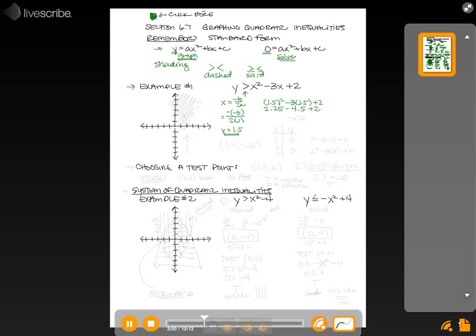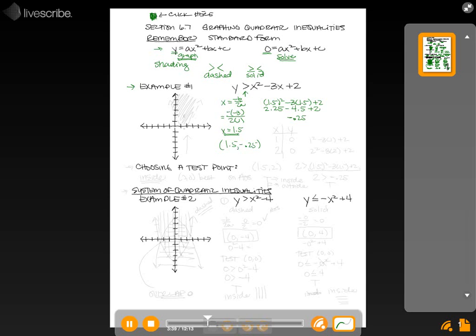We can put that in our calculator. So 2.25 minus 4.5 plus 2 gives us negative 0.25. So here's our vertex. Our vertex is 1.5, negative 0.25, or negative 1/4.